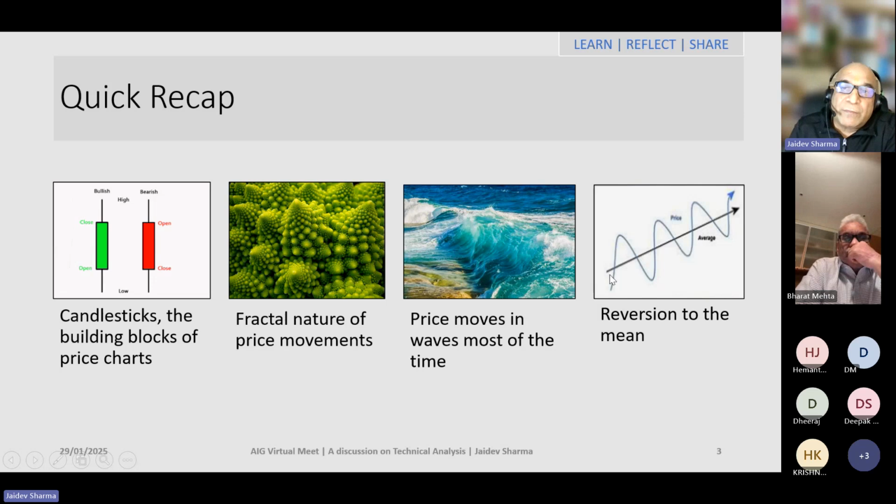You can always look at this and see patterns of price trying to come back to the average. A lot of people do trading based on just this fact. It's called swing trading, wherein they try to capture the swing highs and swing lows based on the average price. So these are some of the concepts which you will find constantly present in price charts.